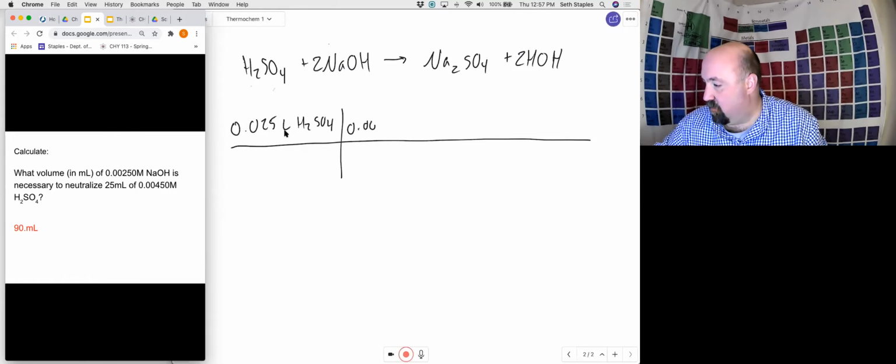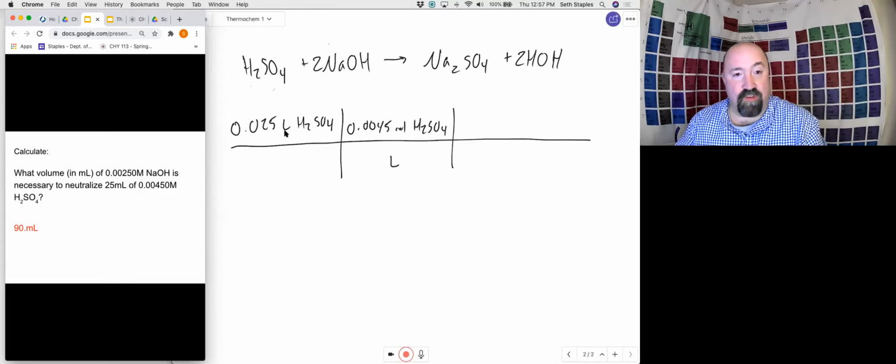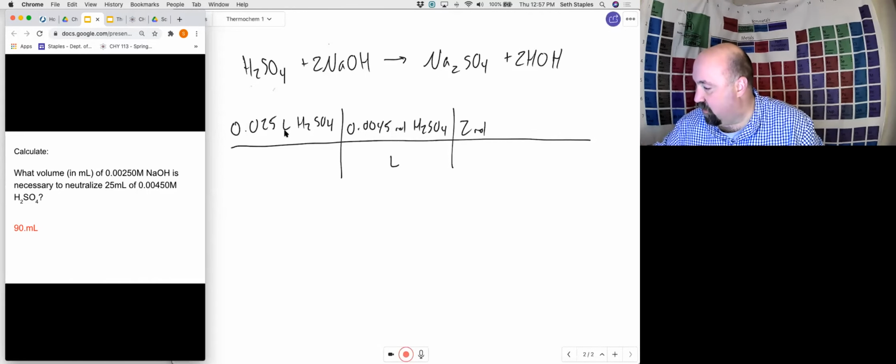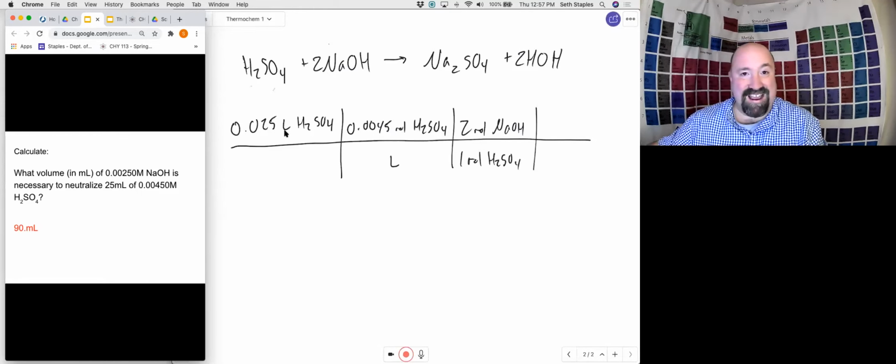It's 0.0045 moles of H2SO4 per liter. We'll then use our stoichiometric ratio to convert to moles of NaOH. So we see that there are 2 from our balanced reaction, 2 moles of NaOH to every 1 mole of H2SO4, and then finally our molarity of the NaOH.